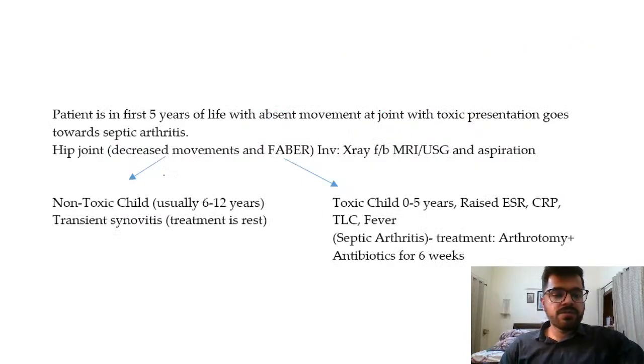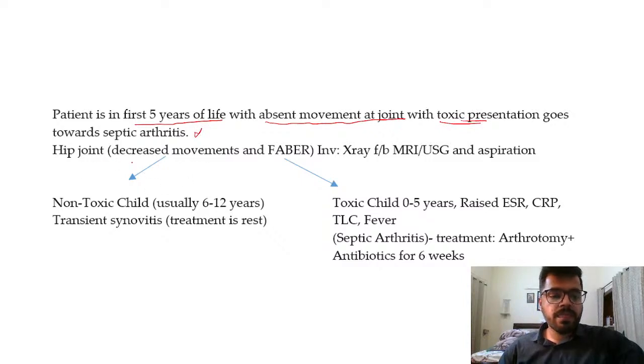So here's an algorithm for solving such questions. If the patient is in first 5 years of his life with absent movement at a joint with toxic presentation, then this is septic arthritis. This is definitely septic arthritis.